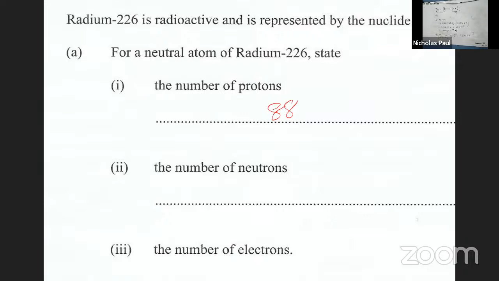Neutrons is what? Right, 226 minus 88 is? 138. Number of electrons. Right, number of electrons is the same as protons, right? 88.